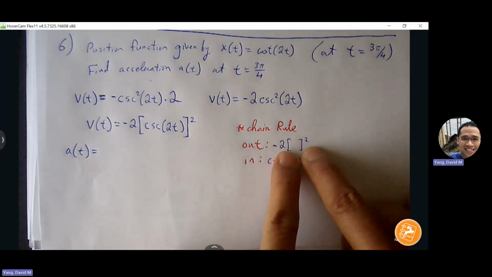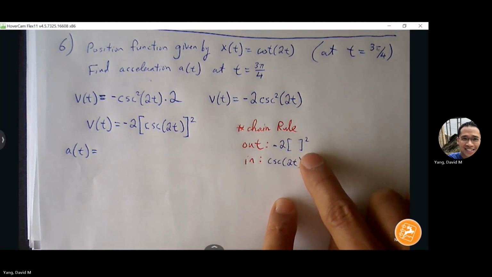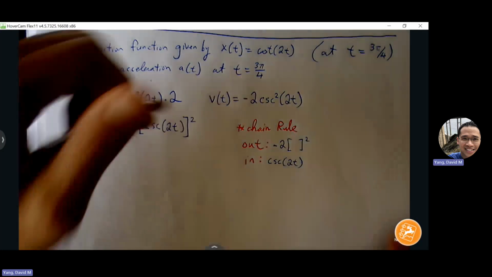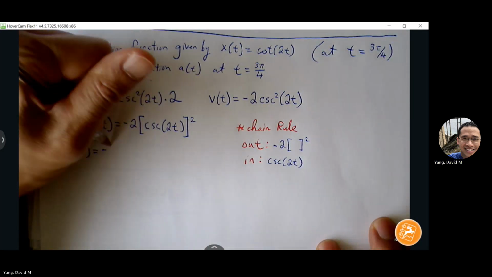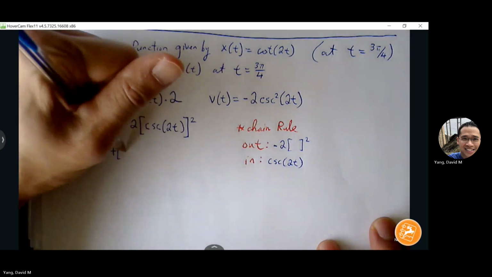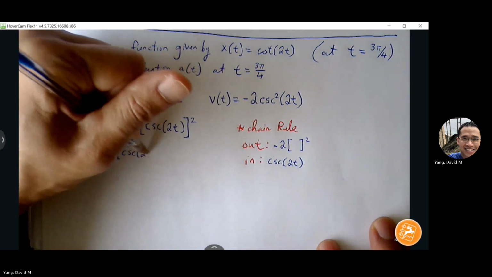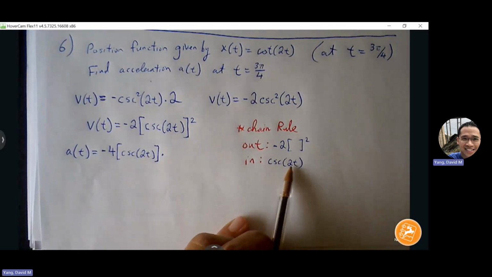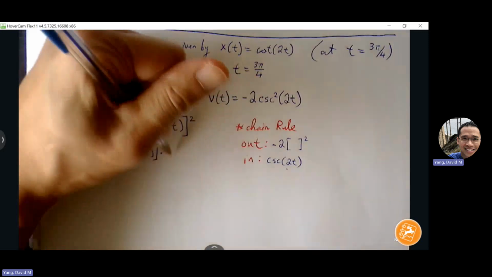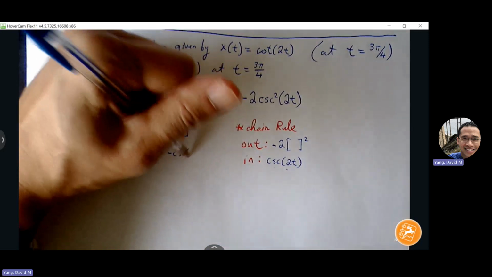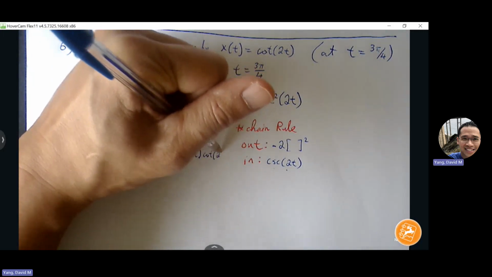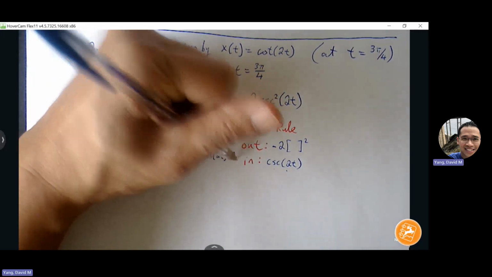Outside derivative was negative 4 parentheses to the first power, times inside derivative. Cosecant derivative is negative cosecant u cotangent u times u prime.